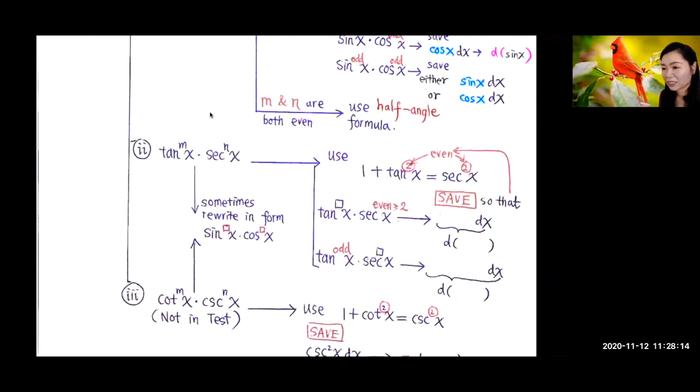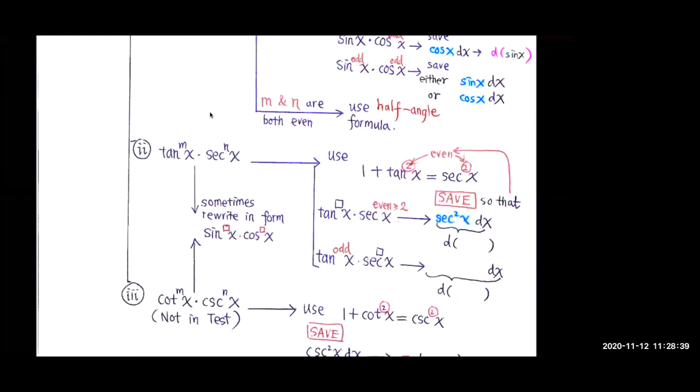Again, we use the same method. When the exponent on secant is even and greater than or equal to 2, do you remember what we save? Secant squared. Yes, we save a secant squared x with dx.